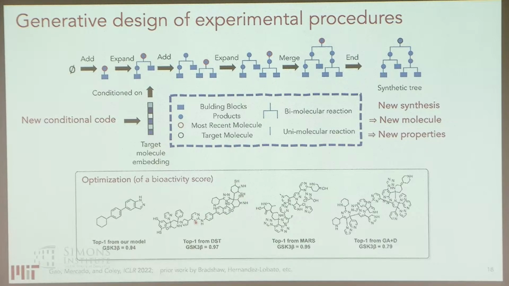By virtue of coupling together the design of structures with the design of the synthetic process, this model finds a single-step reaction that leads you to a candidate that is scored by this surrogate oracle to be also quite promising. So we force this model to think in terms of synthetic pathways, and that ends up constraining the space, which gives us molecules that we can then take into the laboratory much more readily.